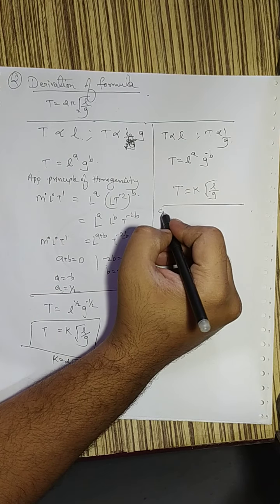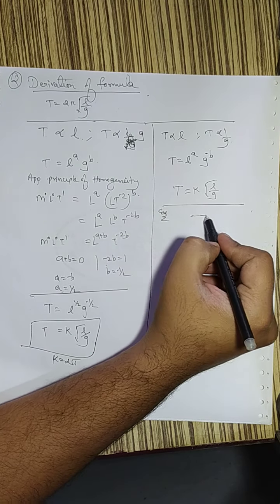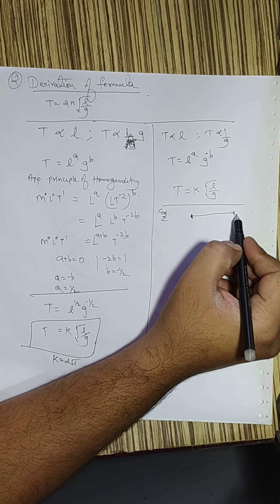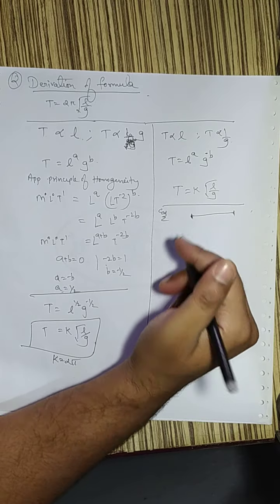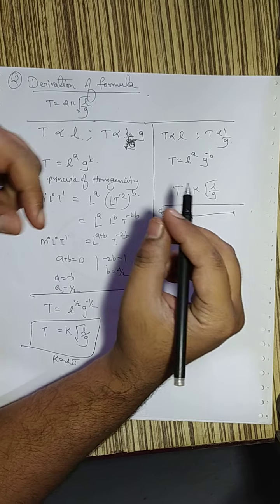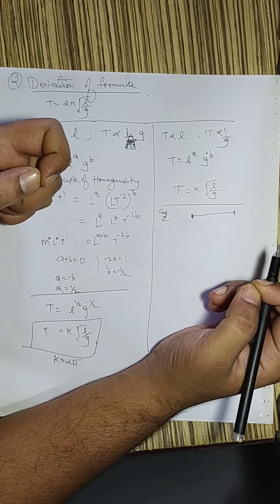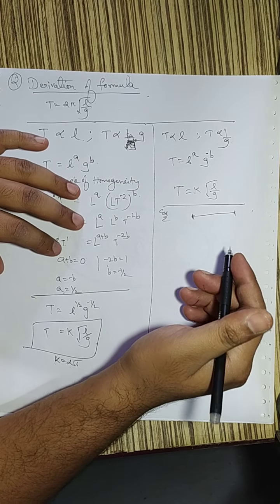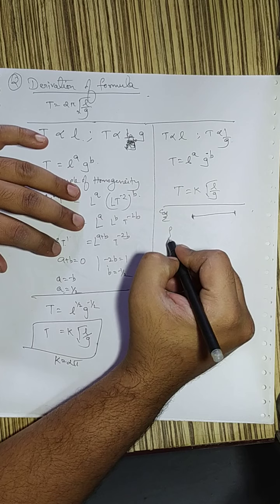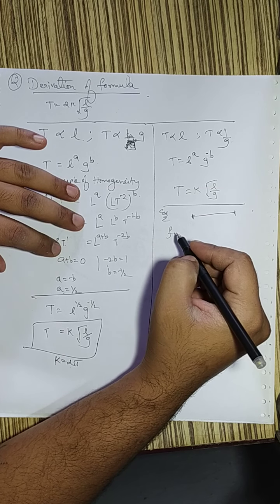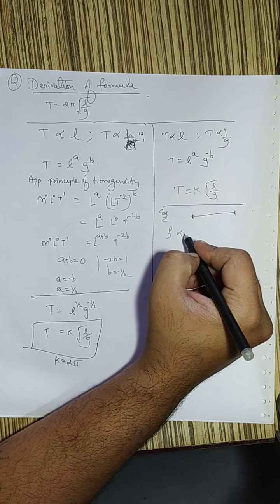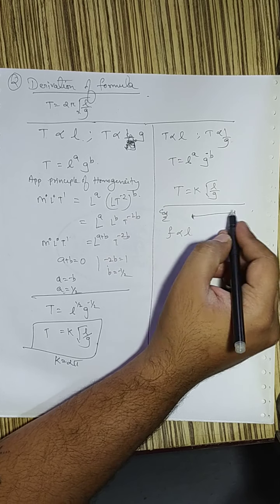Now another example we discuss: we have been given a string. The string is fixed at the two ends, and when it is plucked it starts vibrating. Scientists have observed that the frequency of vibration is dependent upon the length of the string.